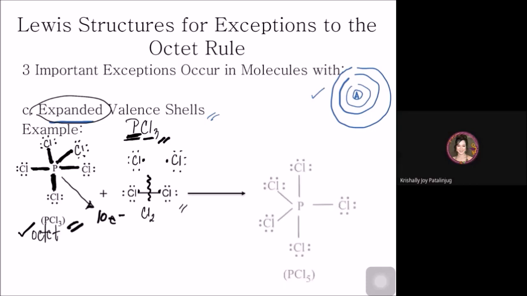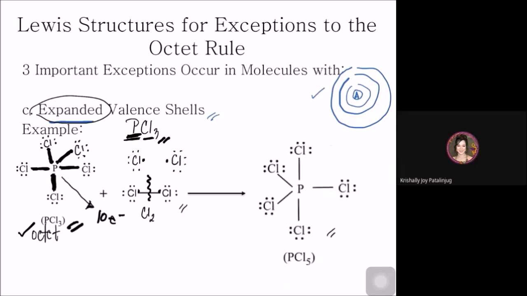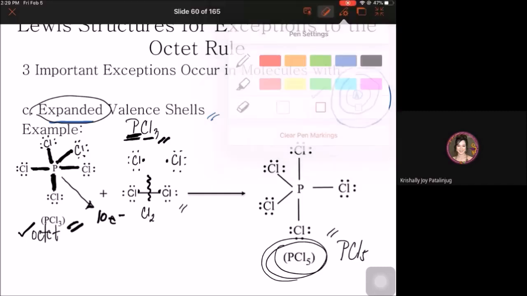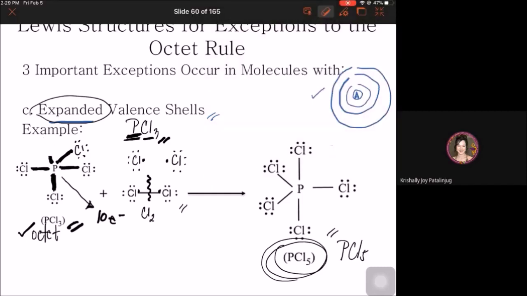Okay, that is why, ayan. Ito yung structure ng phosphorus pentachloride. Okay? Again, ito yung structure ng phosphorus pentachloride. Parehas lang to ha. Parehas lang yan. So, i-erase ko siya. Okay?